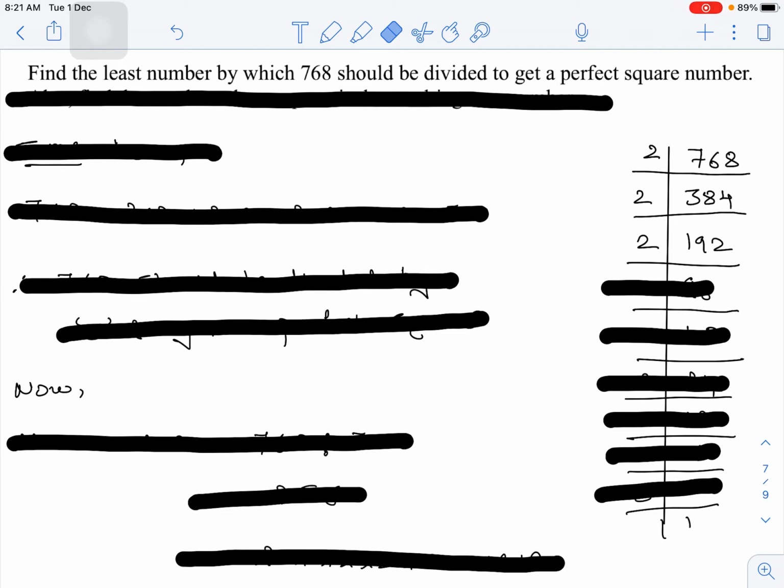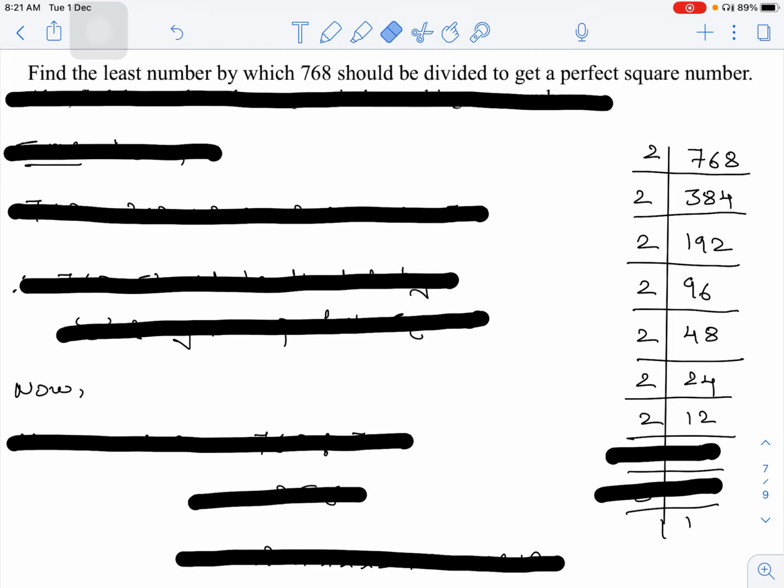Two 96s are 192, then again two 96s are, then two 48s are, two 24s are, two 12s are, two 6s are, two 3s are, and finally three 1s are. Now what are all these? These are all prime factors of 768.